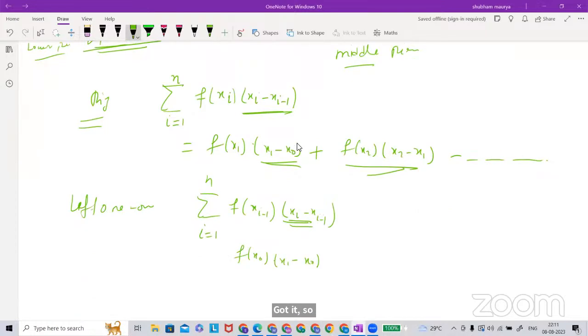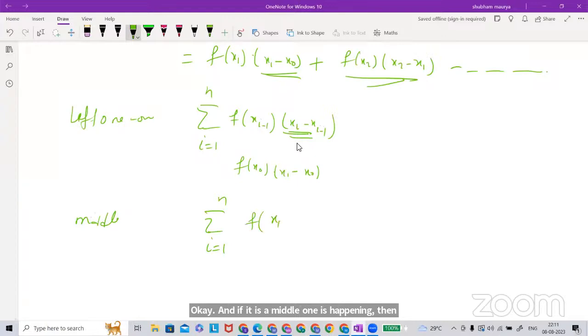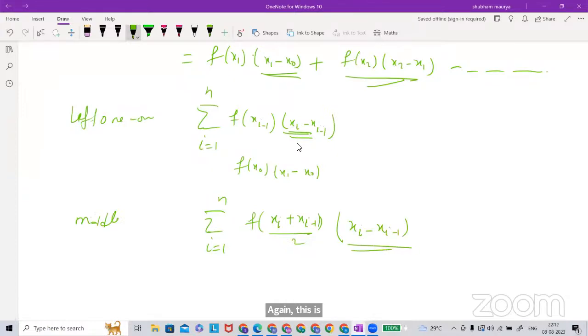And if it is the middle one, the formula is summation i equal to 1 to n of f of (xi plus xi minus 1) by 2, and then again the width xi minus xi minus 1. Same width, but inside I am taking the middle one.